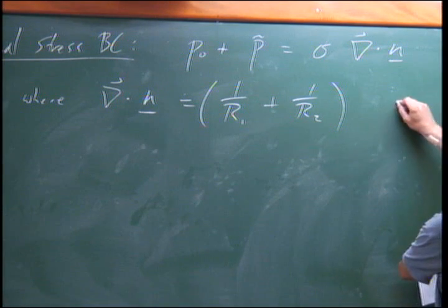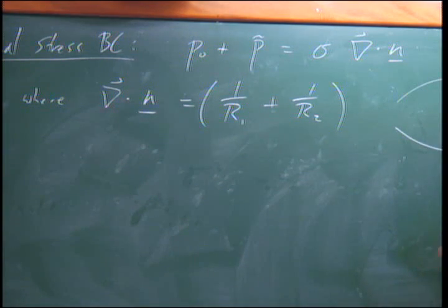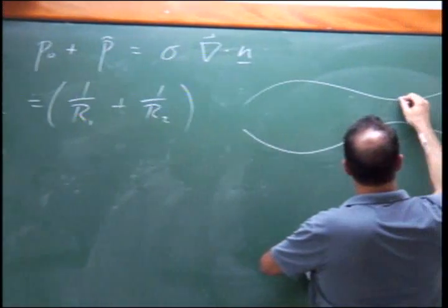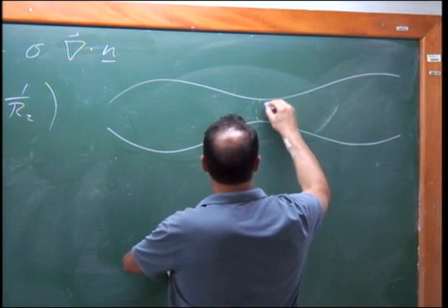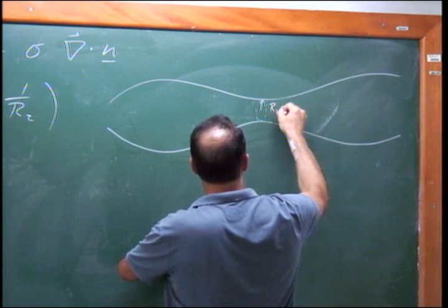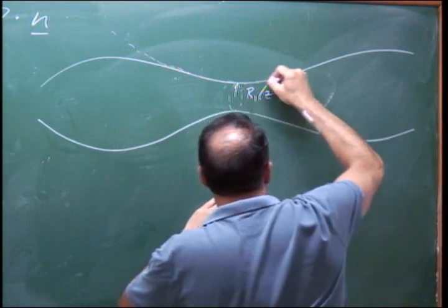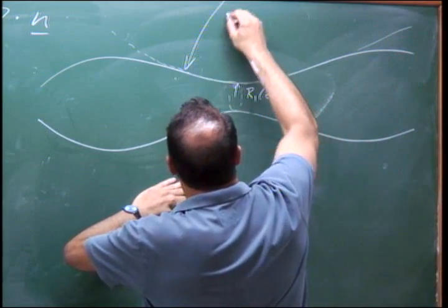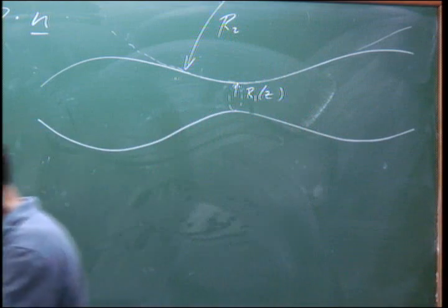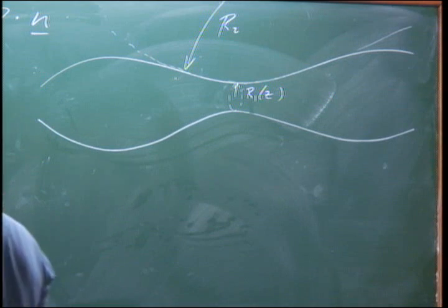So we can call it R1. R1 is a function of Z, and the other radius of curvature is this one, which is much greater, but we're going to calculate it exactly. Okay, so these are the principal radii of curvature.